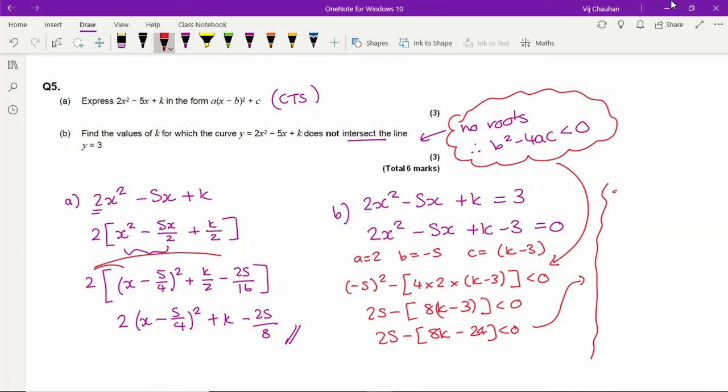And then what I've got is 25 minus 8k plus 24 is less than 0, and if I simplify this, I get 49 minus 8k is less than 0. Take the 8k over to the other side, so I've got 49 is less than 8k, and then 49 over 8 is less than k, or k is greater than 49 over 8. So for the line not to intersect, k needs to be a value that is bigger than 49 over 8.